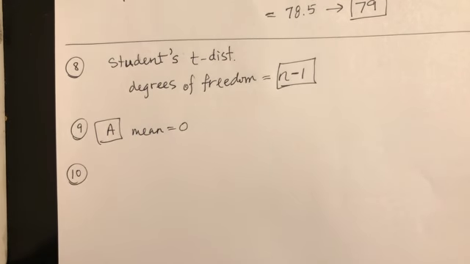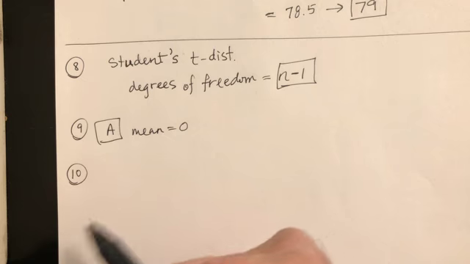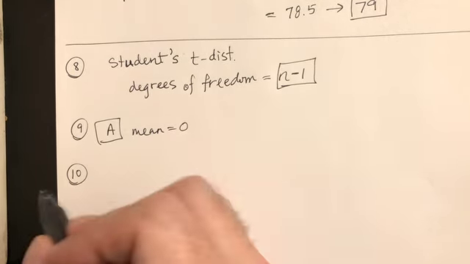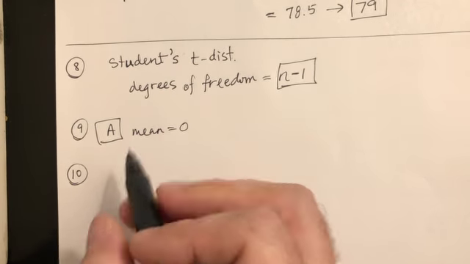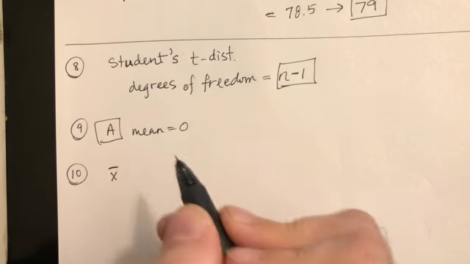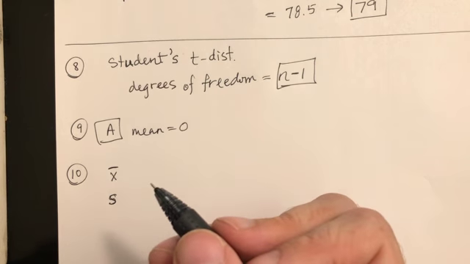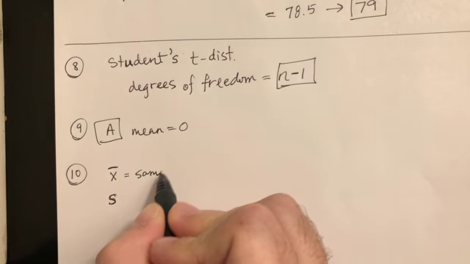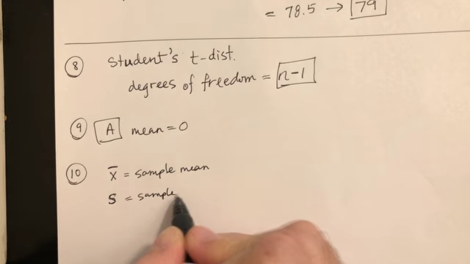Now, I want to construct a 95% confidence interval for the population mean. The reason we have this is so that we can construct a confidence interval for the mean. So if we're trying to find a confidence interval for the mean, that means we have a sample. That sample has a sample mean, x bar, and a sample standard deviation, s.